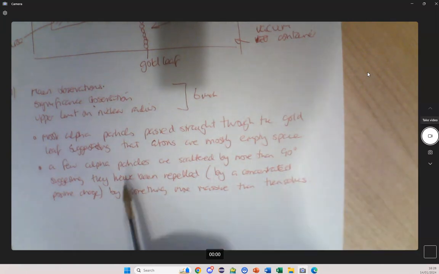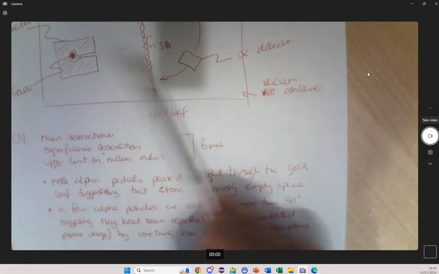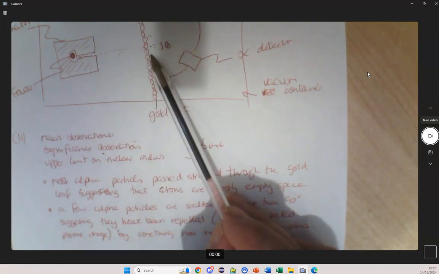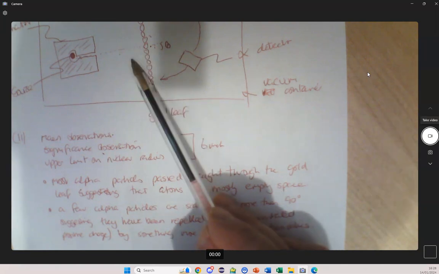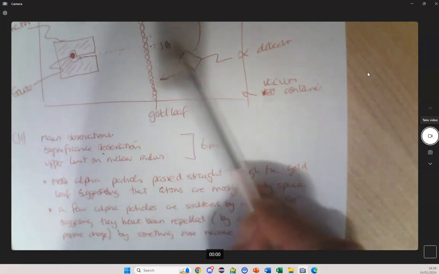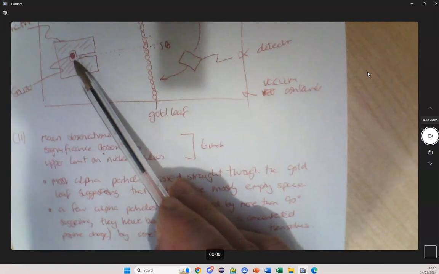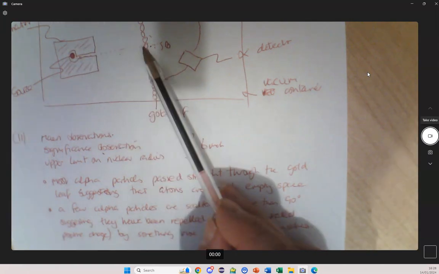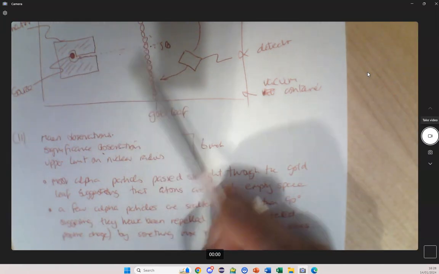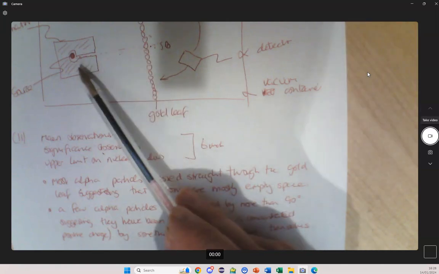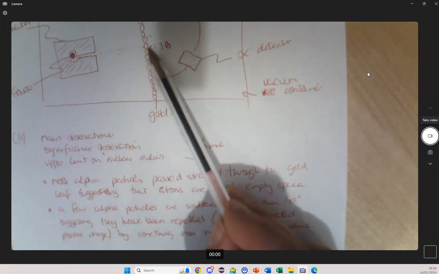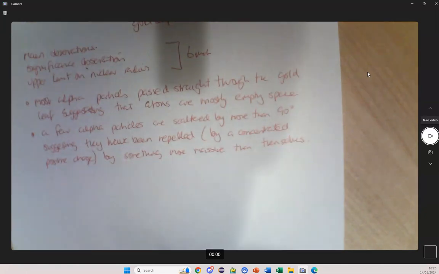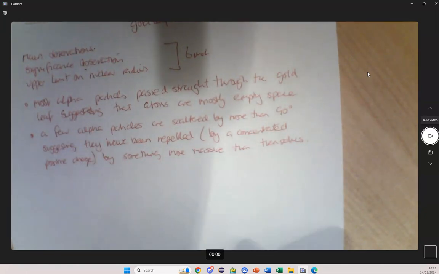Basically, if the alpha particle had a huge amount of mass compared to the nucleus, it would push the nucleus out of the way. What we're actually seeing is the alpha particle being repelled, scattered back. Therefore, the mass of the alpha particle is much smaller than that of the gold nucleus. So again, we've got an observation and we've got significance.